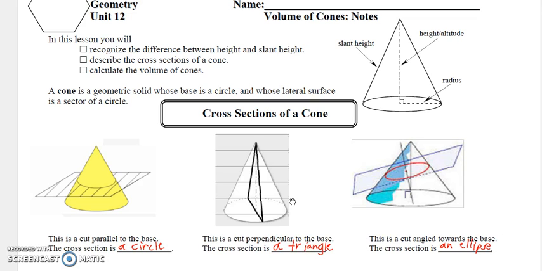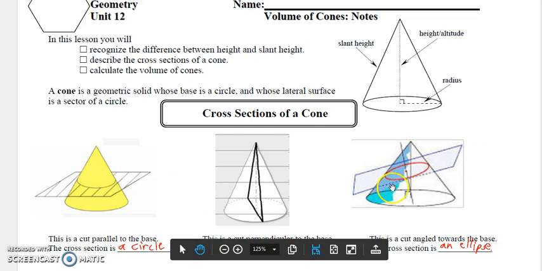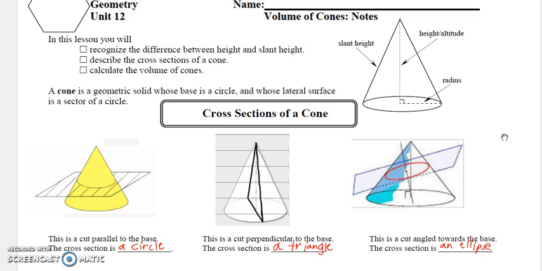And just like with the cylinder, if I cut diagonally through the cone, I get that stretched out looking circle, kind of like an oval, which we call an ellipse. These are cross sections. It's when a flat plane, a 2D flat surface, slices through the 3D object. Where does that plane hit the object? What shape is that? That's the cross section.